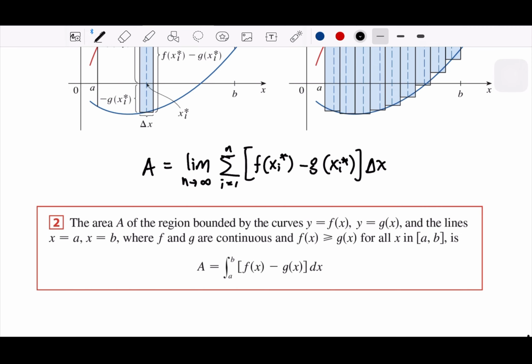And then we are sure that f of x is greater than or equal to g of x. Then we could take the area as the integral from a to b of f of x minus g of x dx.